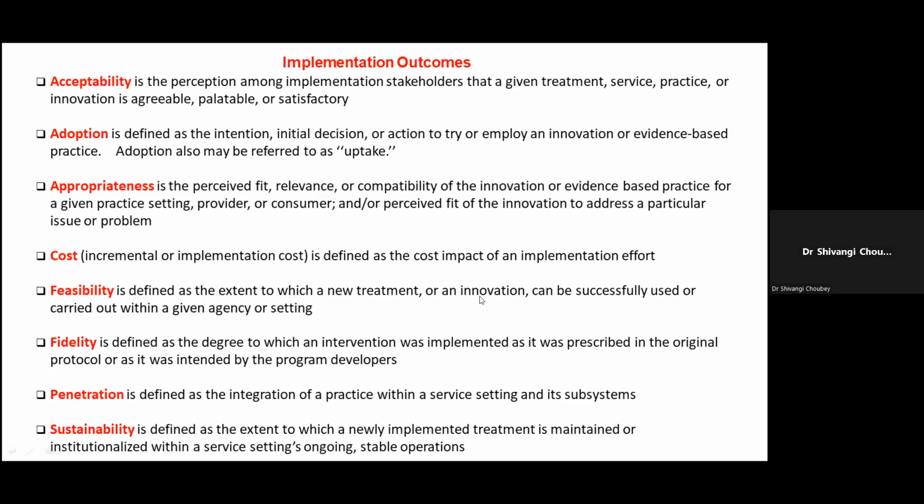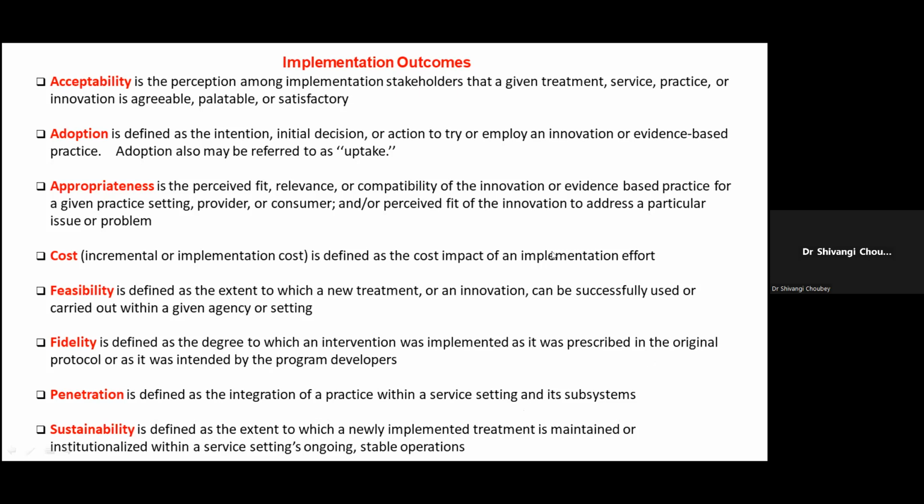Then comes fidelity. Fidelity is whether the intervention is delivered as per the protocol or not. What was the described protocol? Then comes penetration. Penetration is defined as integration of practice within a service or setting. For example, if you have given a training, have all the facility staff been trained in the intervention for starting a new innovation?